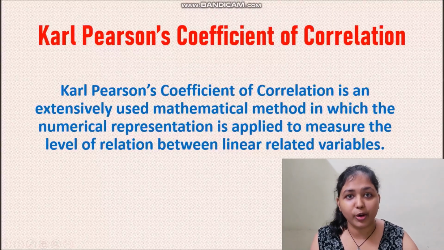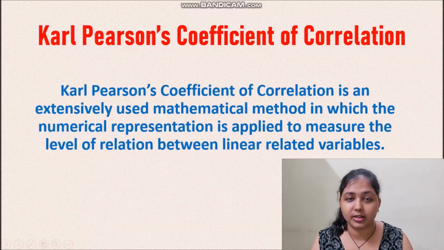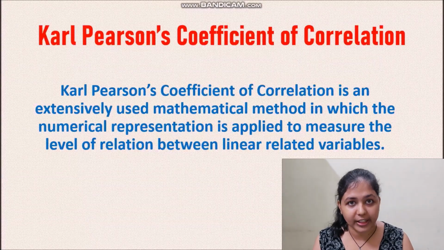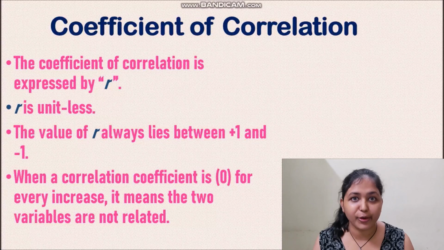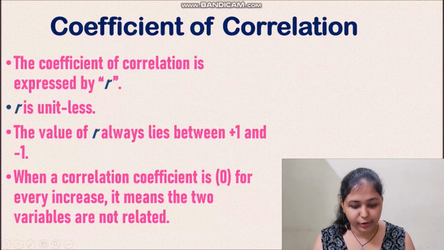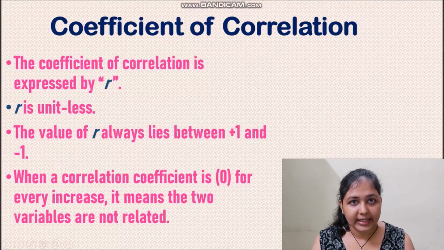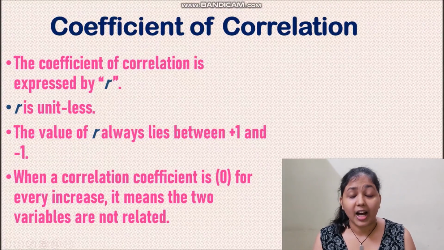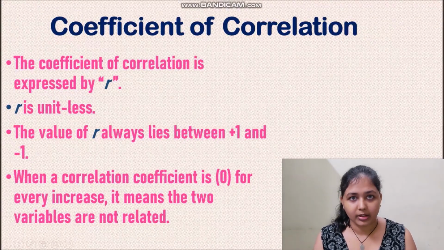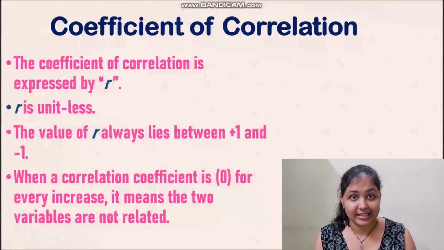So before we move on to study the formula of Karl Pearson's coefficient of correlation, let us first see the properties of this coefficient of correlation. This coefficient of correlation is denoted by the symbol r, and r is unitless.